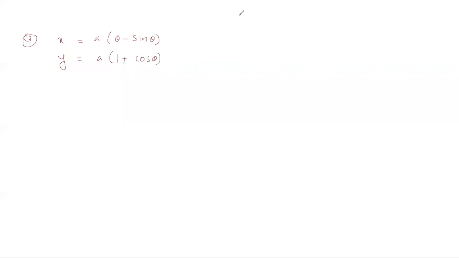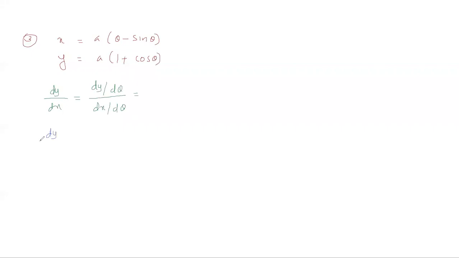So we have to find dy by dx. So dy by dx is equal to dy by d theta divided by dx by d theta. So we need to find dy by d theta and dx by d theta separately.